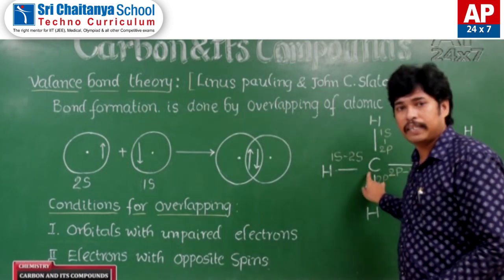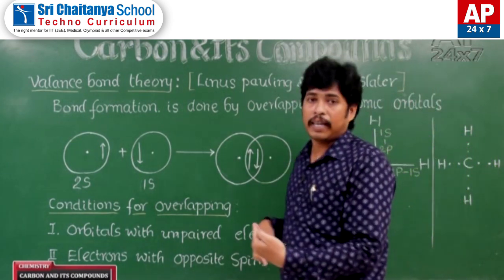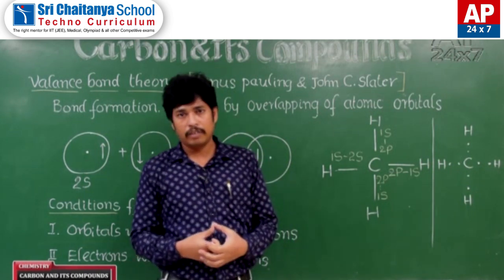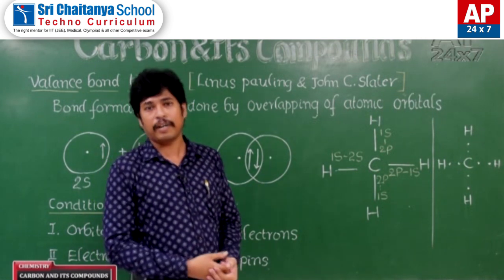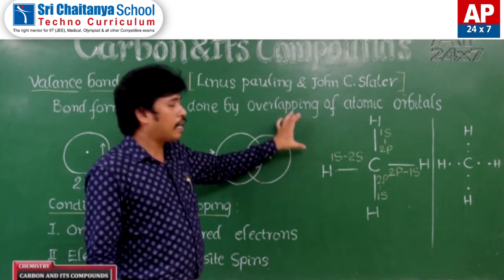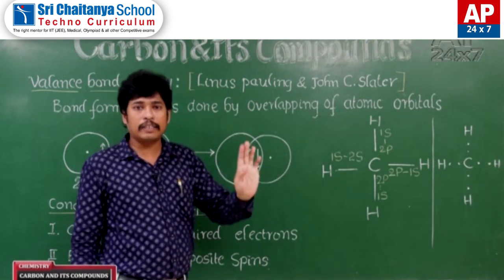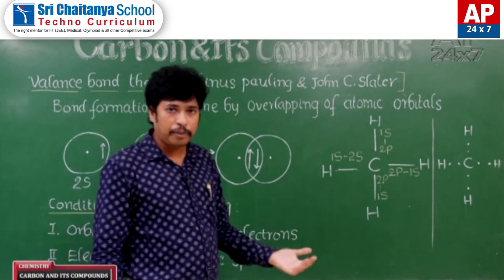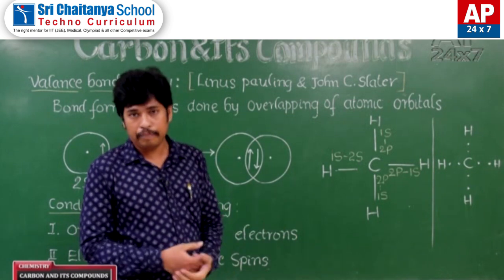In the earlier concept we learned about the electronic configuration of carbon, either in the ground state or in the excited state. If carbon is in the ground state electronic configuration, it has 2 unpaired electrons, but whenever it enters the excited electronic configuration, it will have 4 unpaired electrons.